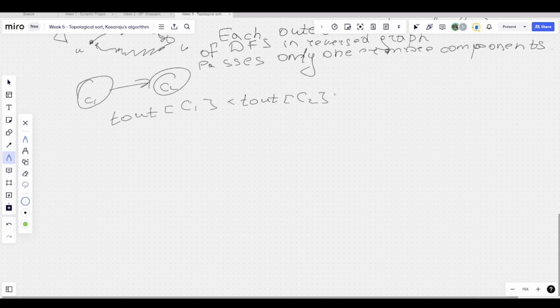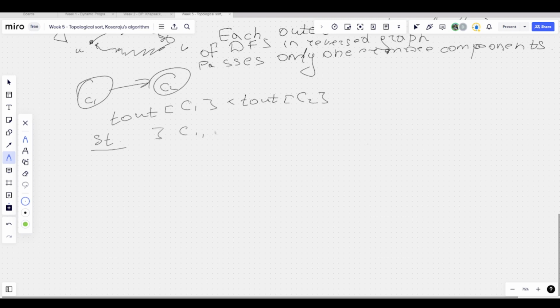We want to prove it. All the vertices in C1 have t_out less than t_out in another component. So this is the statement we want to prove.